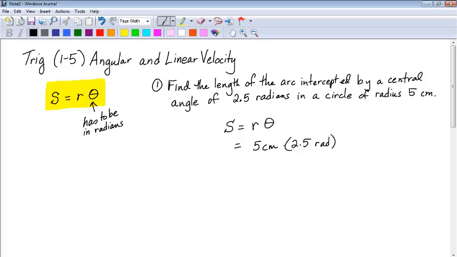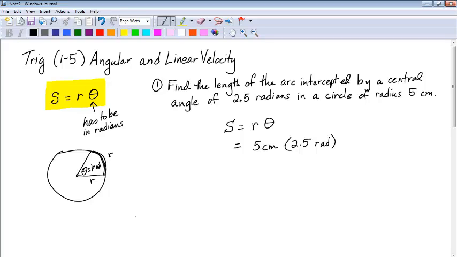Now, the little kicker is you can't just multiply that and get the answer, because your units are centimeter radians. Is there anything that's a centimeter radian? No. The little trick is, because of the way we defined a radian, the length of the radius and the length of the arc were the same, and then this angle was 1 radian.